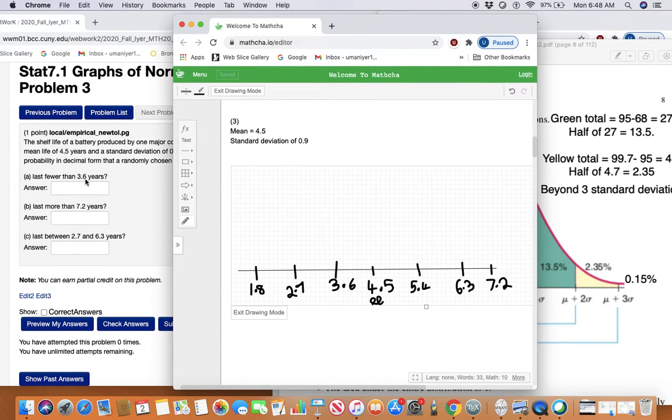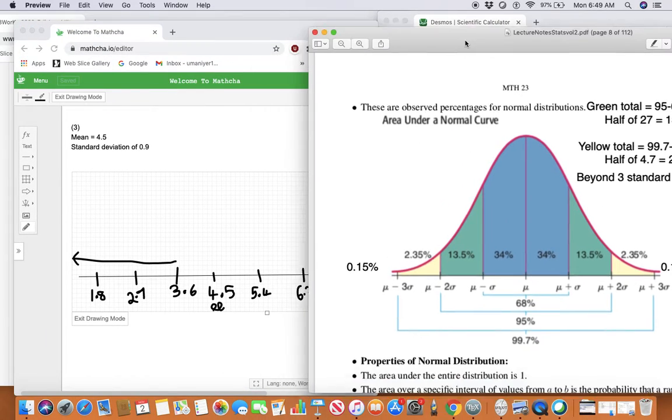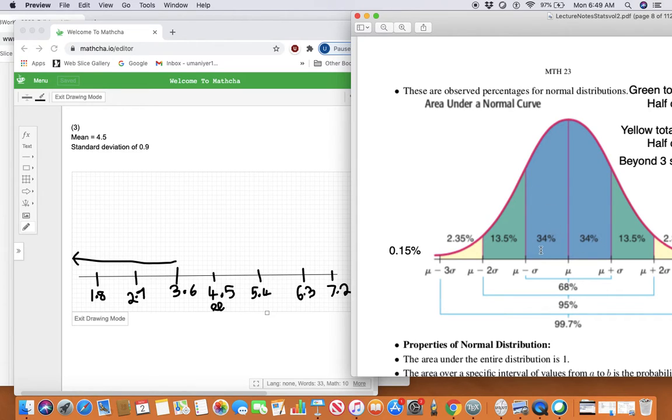Fewer than 3.6 years. So 3.6 is here. Fewer means less than 3.6, so you want to go everywhere to the left. Let's look at our expanded empirical form. 3.6 is one step away from the mean, so you are here basically.